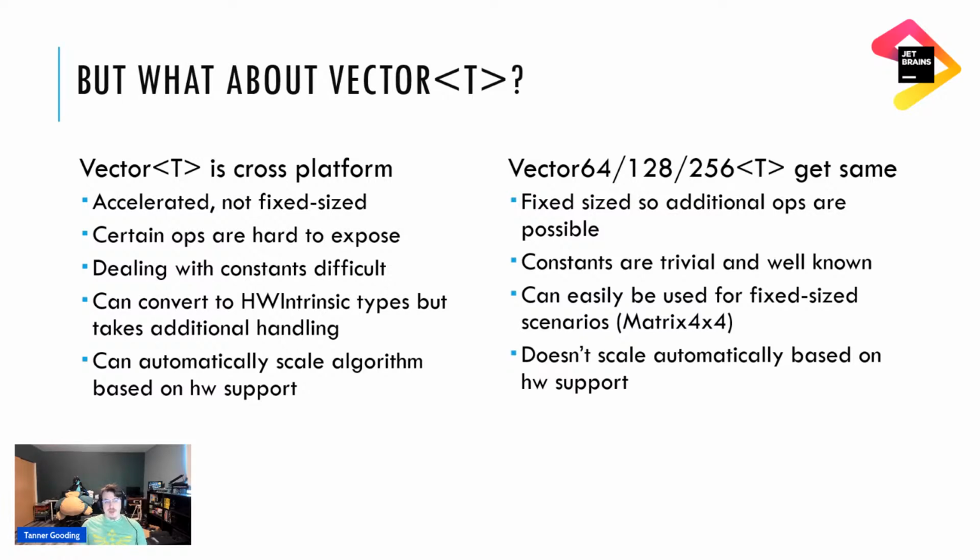The main benefit is it automatically scales based on your hardware. Whereas the Vector128, 256 types get all the same features, but constants are trivial and well known. They're fixed size, so additional operations are trivially possible. The only downside is that it doesn't automatically scale to your hardware.